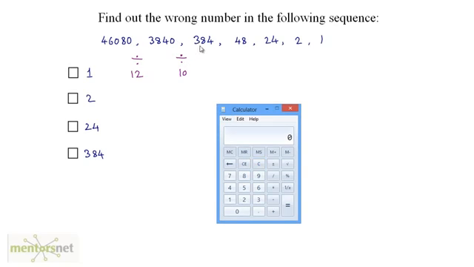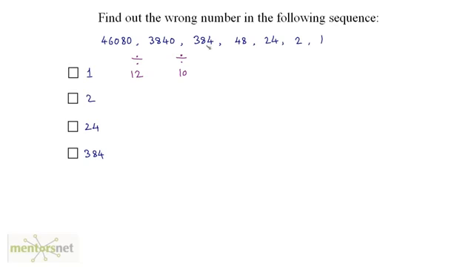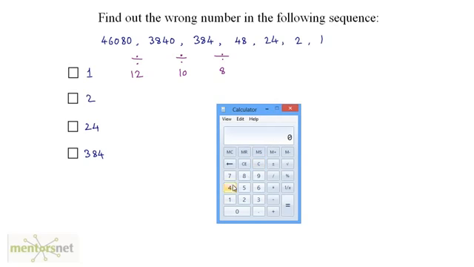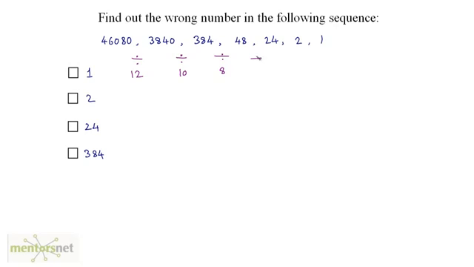Let us see the relation between 384 and 48. So I divide 384 by 48 and that gives me 8. So I need to divide 384 by 8 to obtain 48, right? Now let's see what's the relation between 48 and 24. So 48 divided by 24 is 2. So 48 divided by 2 gives you 24.